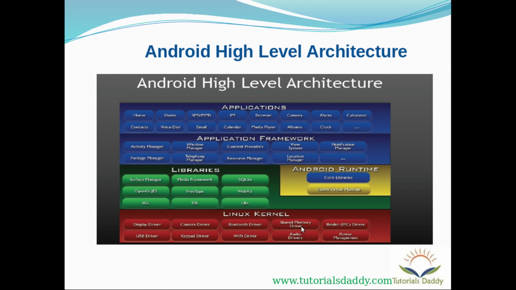You might be aware that Android architecture is based on the Linux kernel. So what does it mean? When we say operating system, it is basically built up of two things: user space and kernel space. I will talk in Linux terms.